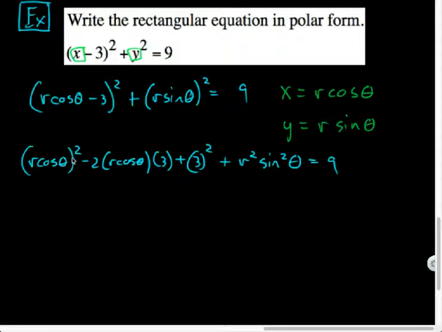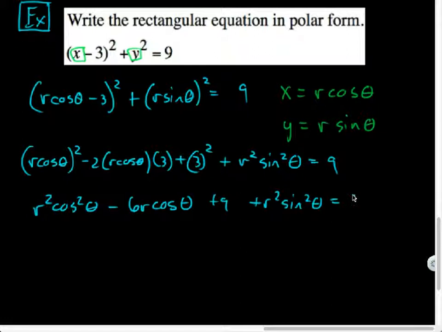So, let's simplify some of this. This is r squared cos squared theta minus 6r cos theta plus 9 plus r squared sine squared theta equals 9. I could technically eliminate the 9's from both sides by subtracting 9. Now watch how cool this is.